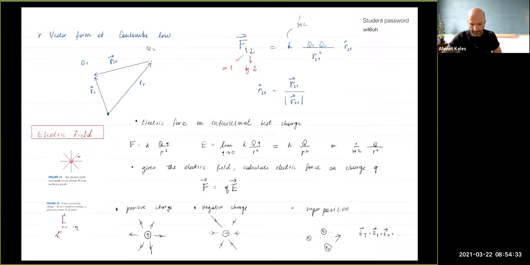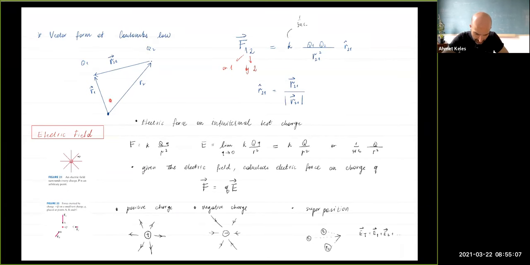So this week I want to start by introducing Coulomb's law again, but in its vector form. Basically here we introduce two charges. Let's call one Q1, the other one Q2.